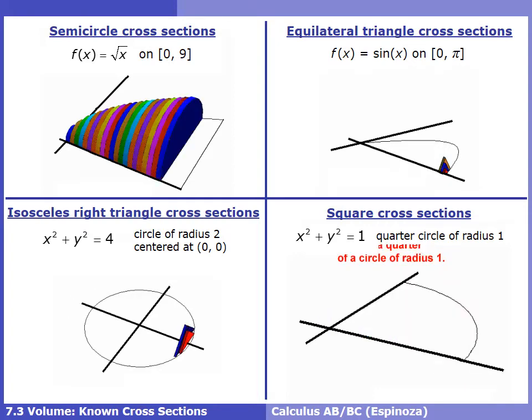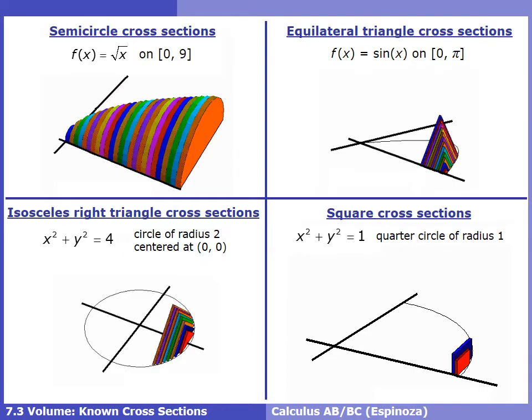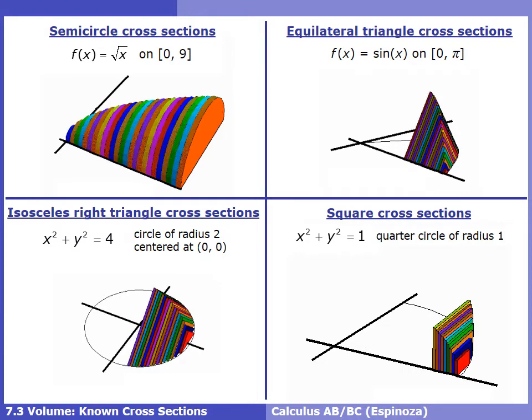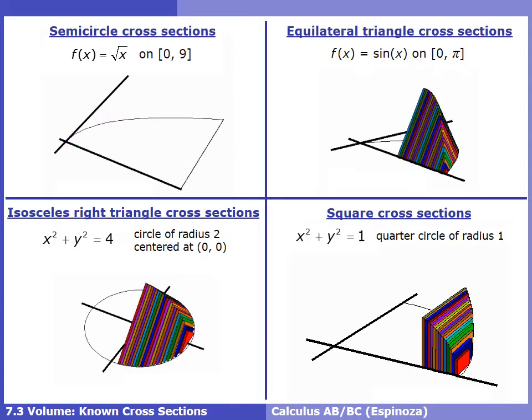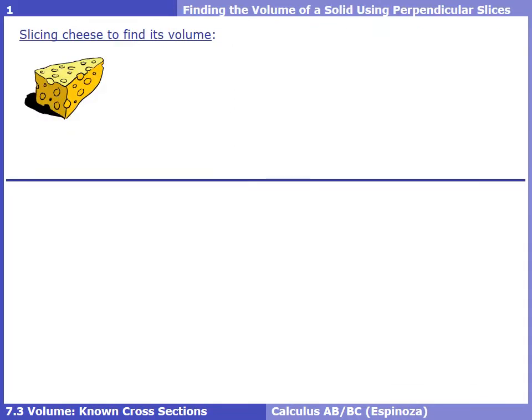We're not going to worry about approximating, because we know how to find an exact volume, and it's by integrating, or adding up an infinite amount of these particular slices, whether they're semicircles, triangles, squares, or what have you. Okay, so let's start talking about how we can approach this topic.